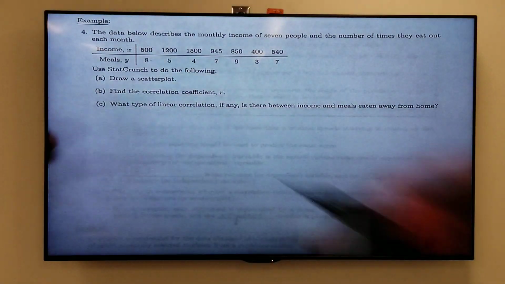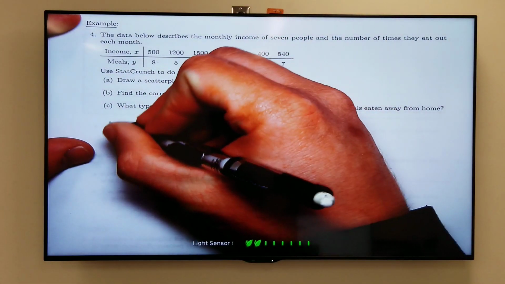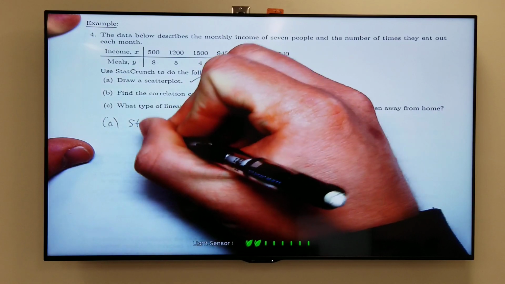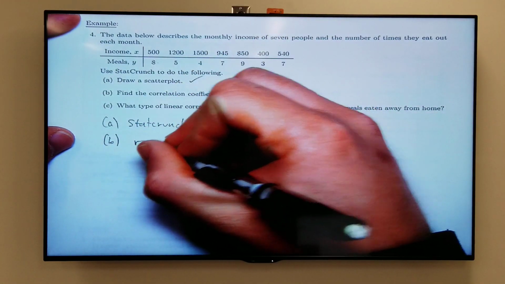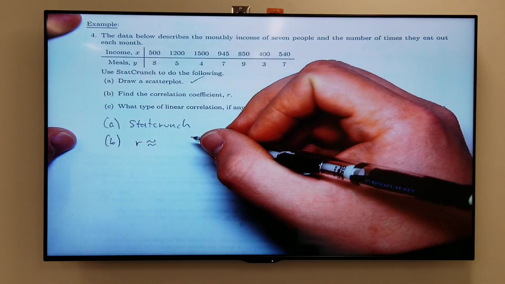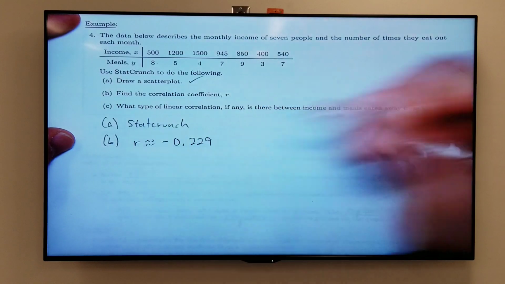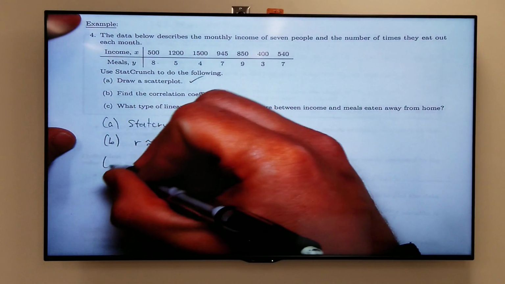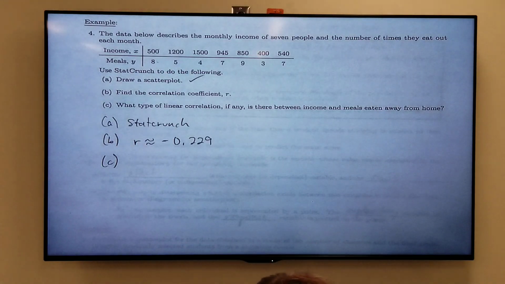Okay, so part A was done in StatCrunch. Part B, we got r was approximately negative 0.229. And then to answer the question in part C, what type of linear correlation is there?